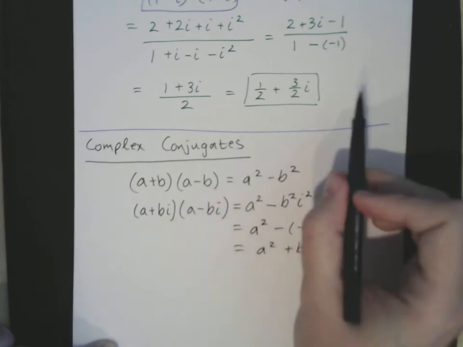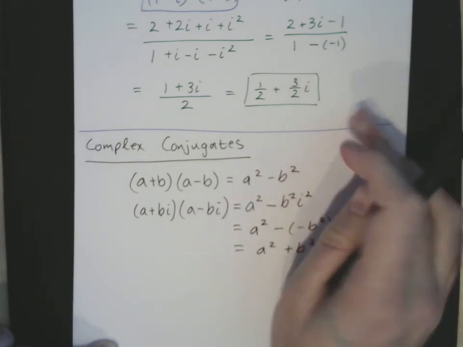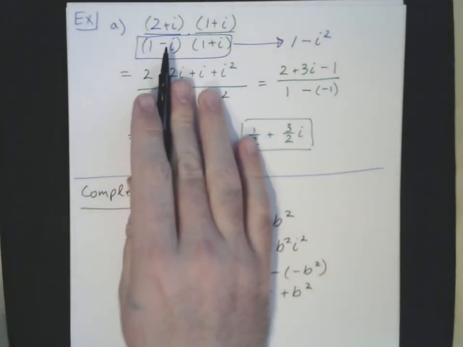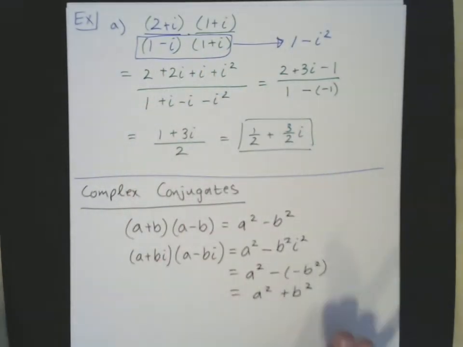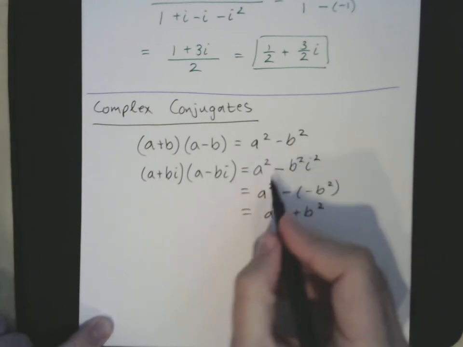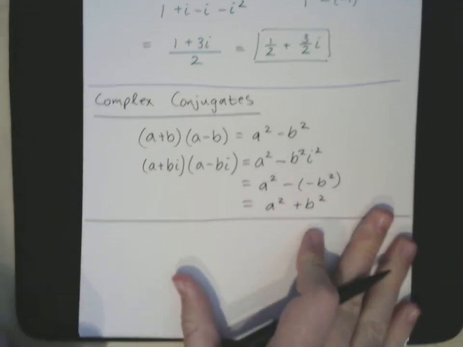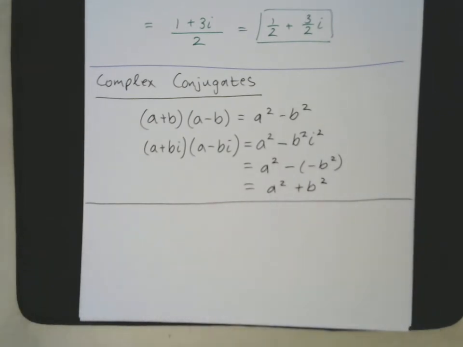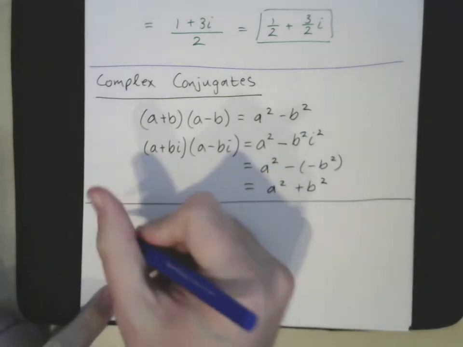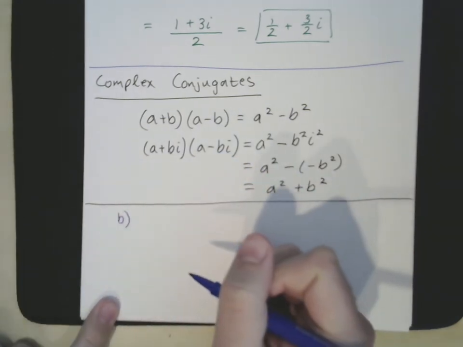And that's exactly what happened here. 1 squared plus 1 squared, because our coefficient here is 1. So you can use this as the pattern. Now if you ever forget, you can always just multiply it out like we did in that example up there in part A.